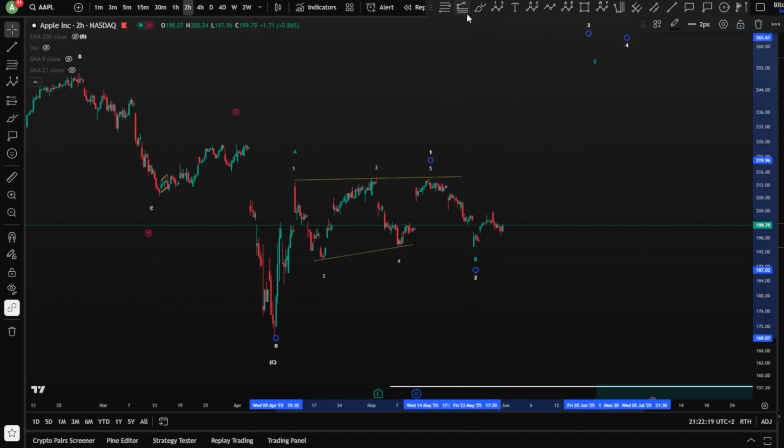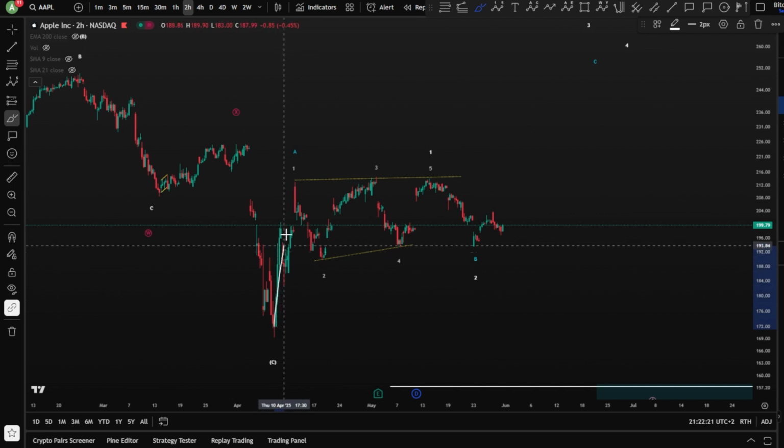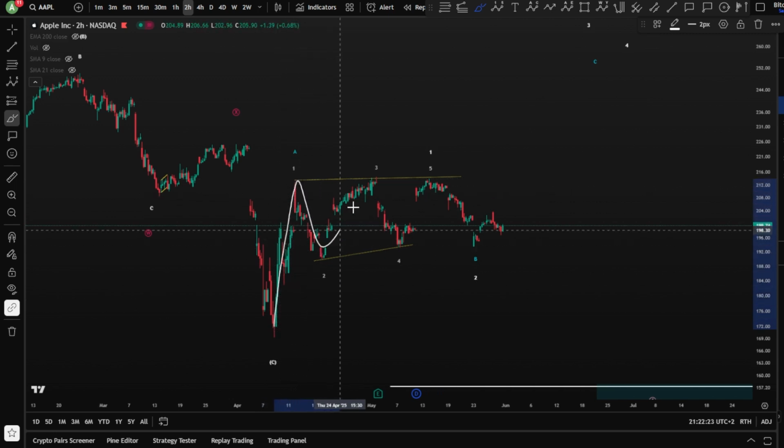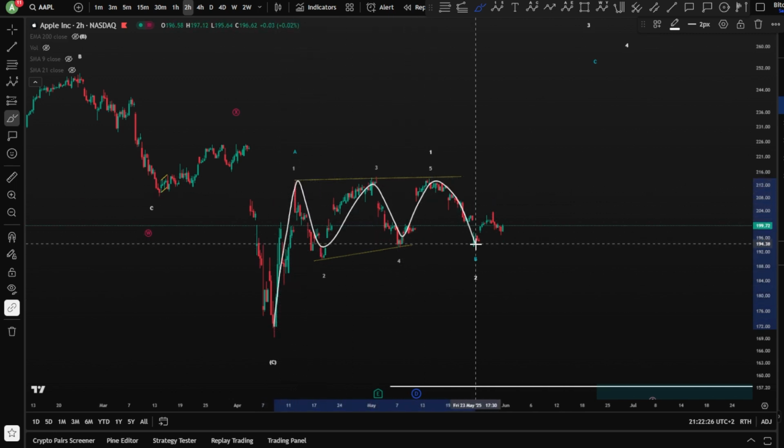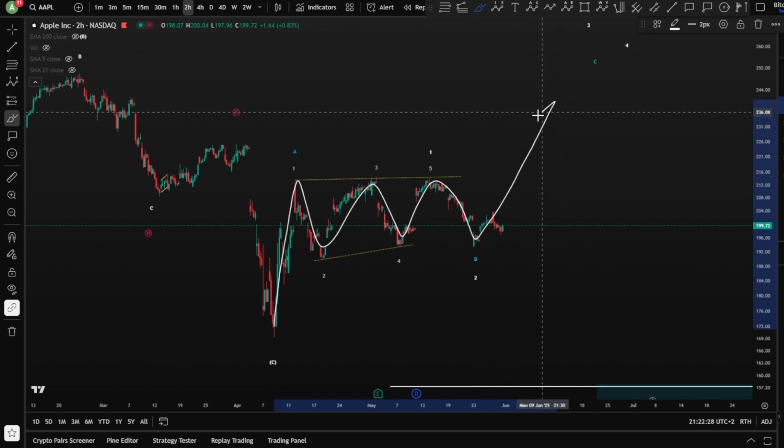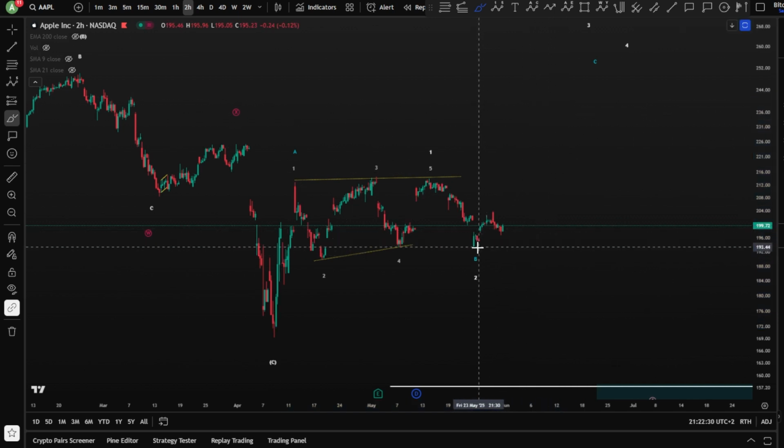wave B. Meaning right now the scenarios are two. You have an A, B, C, D, and E potentially as a triangle, and then moving toward the upside.